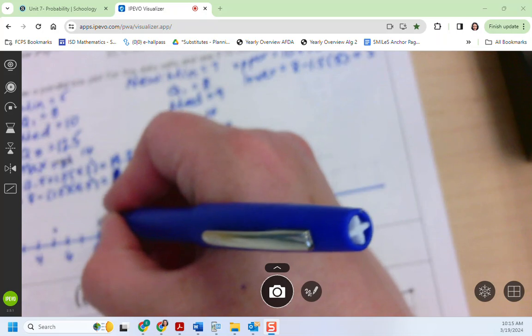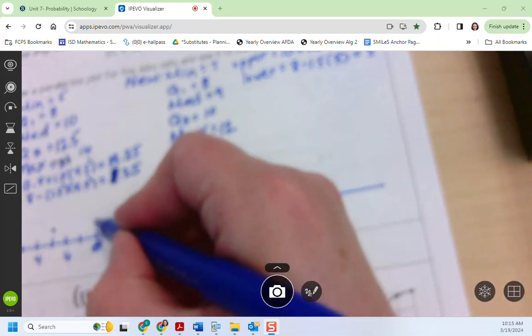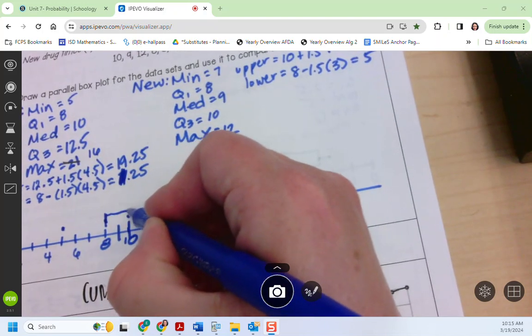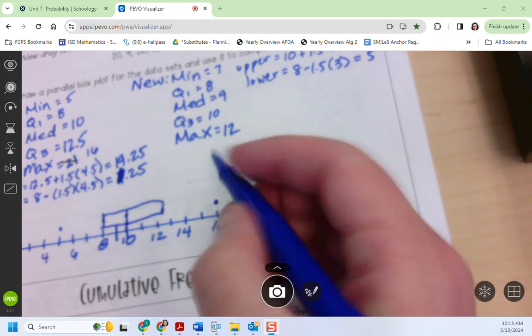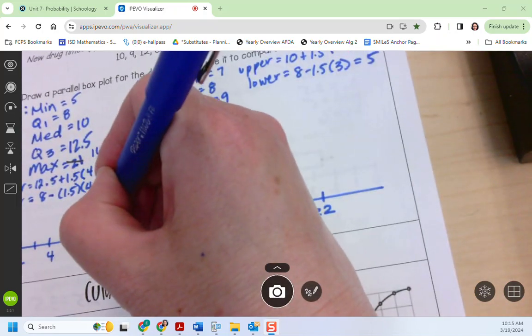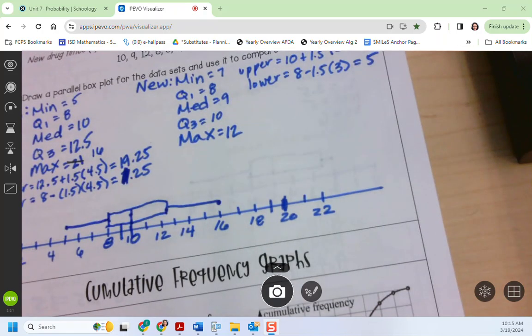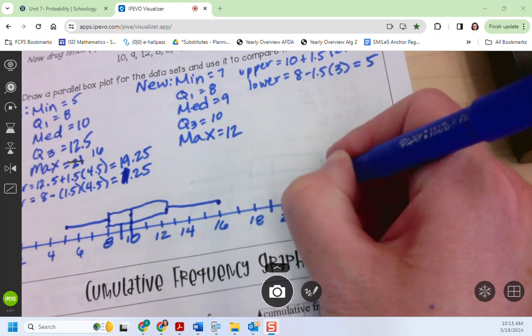So 8, 10, and 12.5. And I'm going to make a short little box in here because I need space for the other box. I don't know why I'm so bad at drawing boxes today. Okay. And then we're going to put an asterisk for the outlier. So the outlier was 21. And so we can just put like a little star.